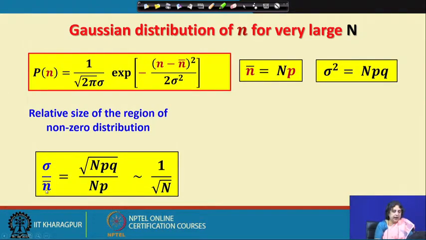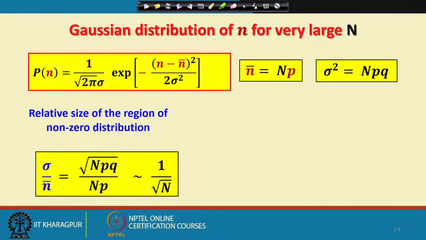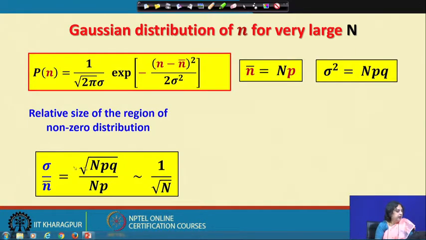Sigma is the dispersion of this distribution about n bar. If I compare these two, the number that I get is independent of how big either sigma or n bar is for the given case, but will let us know about the relative size where the distribution is non-zero. And in this case, I find that this goes as 1 by root N.